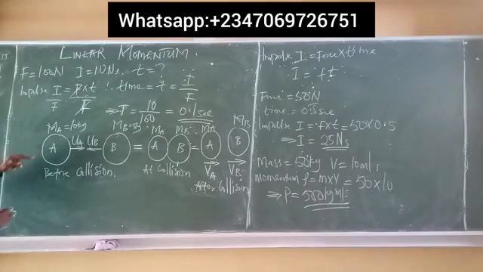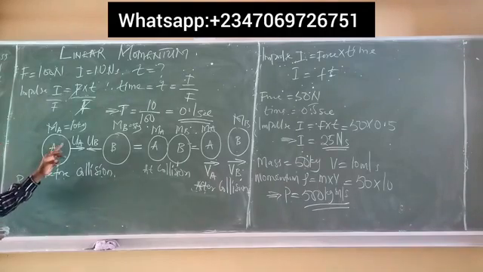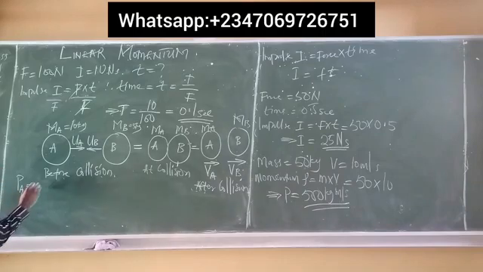So before collision, the momentum of object A, let's call that Pa, remember P stands for momentum, is equal to its mass ma multiplied by its initial speed ua. So Pa equals ma ua. This gives us the momentum of body A.